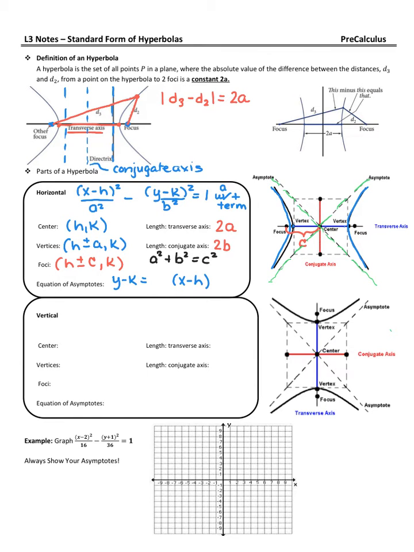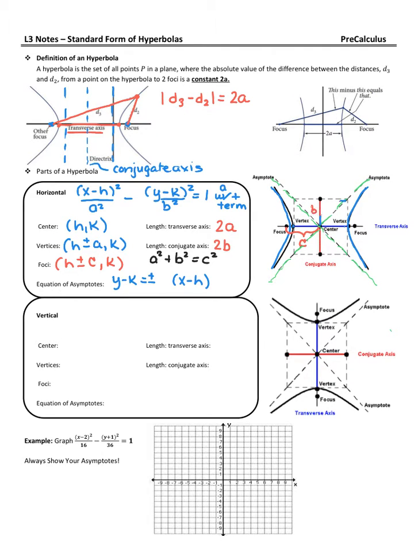You just keep the same translation that you would for the center, and the slope, because one is going in the positive, one is in the negative, is the rise over the run. Remember, the rise is in the y direction, the run is in the x direction.